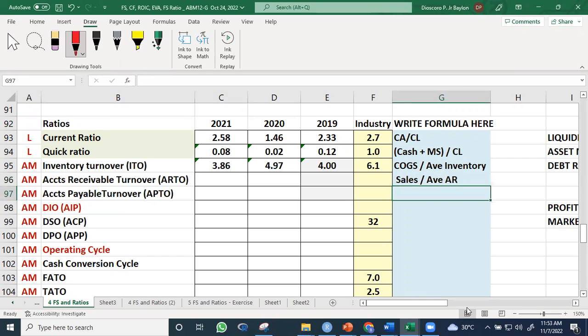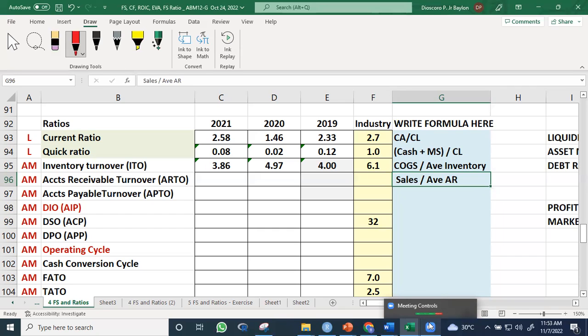Okay, again, we're using average AR because sales is a period figure. Kinocumulate yung for the whole period, for the whole year. So, parang hindi siya maganda na yung AR natin, yung December 31 lang. So what companies will do is to average it. As I mentioned a while ago, companies usually have the inventories at the end of the month.